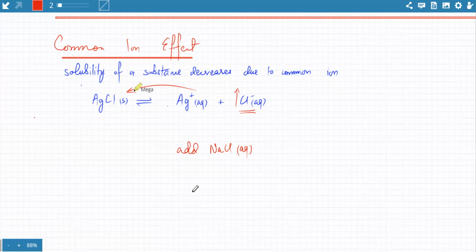So now here's a question. Let's say the solution has NaCl aqueous. Okay, let me write the question clearly.